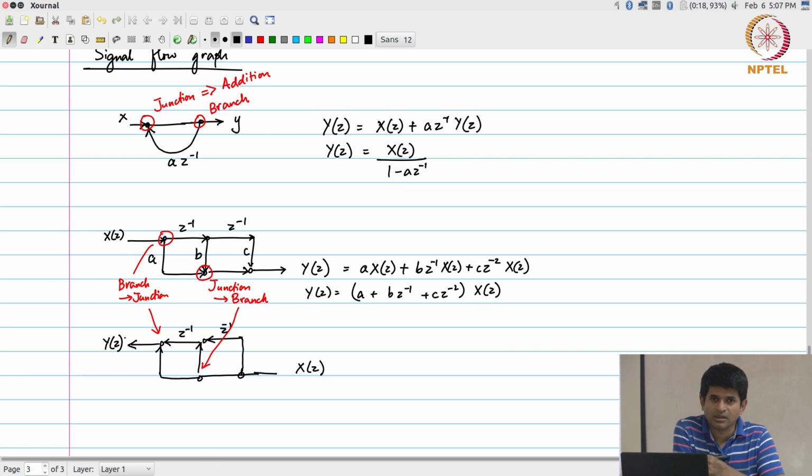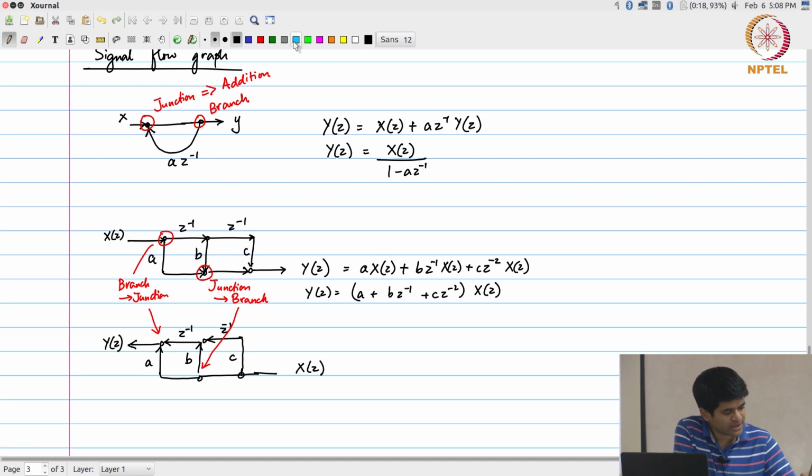Okay. Now, why would something like this be useful? In other words, what we have done is we have managed to invert the direction of all the edges, right? And we have got another signal flow graph which looks superficially the same. Okay, it looks very similar to what we started out with, but there is at least one subtle difference which becomes more evident when we look at the equivalent block diagram representation for this particular signal flow graph.